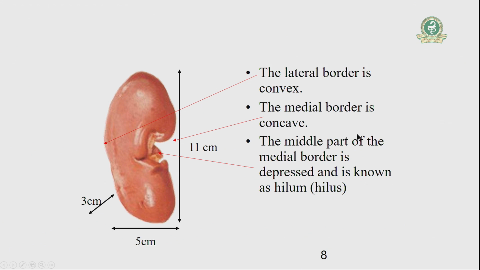The lateral border is convex. The medial border is concave. The middle part of the medial border is depressed and is known as the hilum.